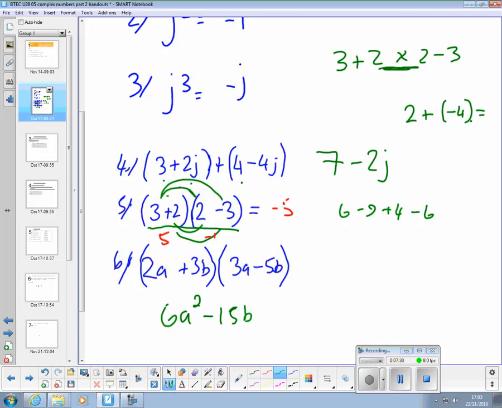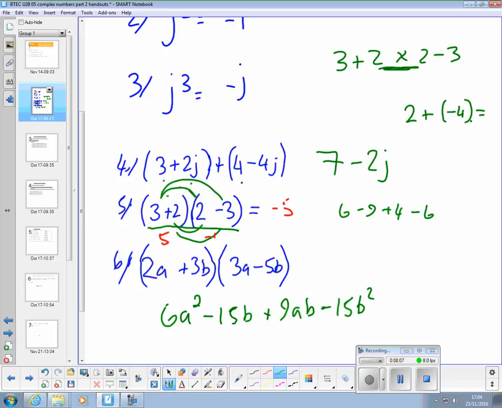Gents, can you settle the noise down a bit, please? 3b times 3a is 9ab. And then the last bit, 3b times minus 5b is minus 15b squared.